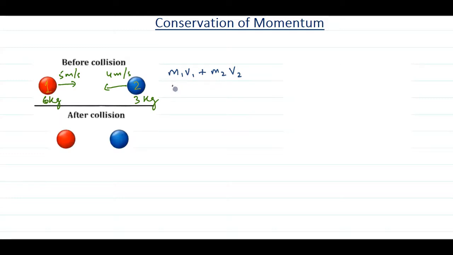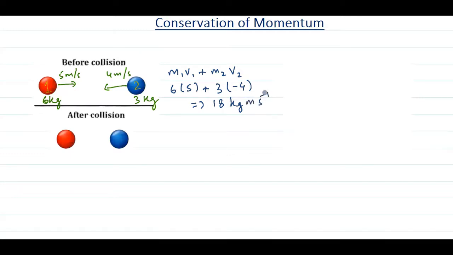So the mass of the first object is 6, the velocity is 5, plus the mass of the second object, which is 3, multiplied with the velocity. Remember, it's in the other direction, so we consider this as negative. Now 30 minus 12 gives us 18. So this is the total momentum that the system has right now.